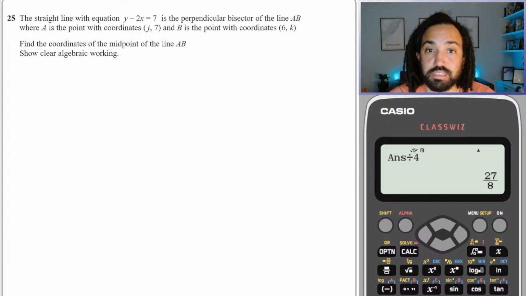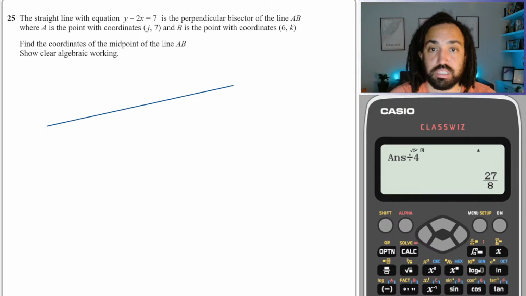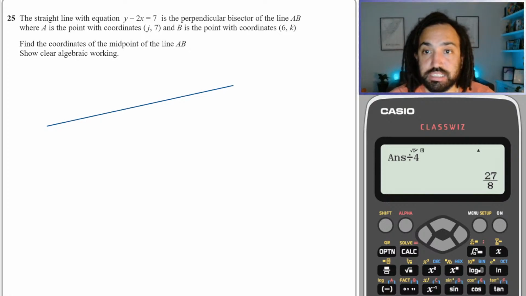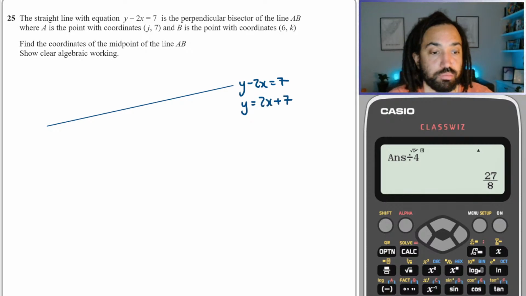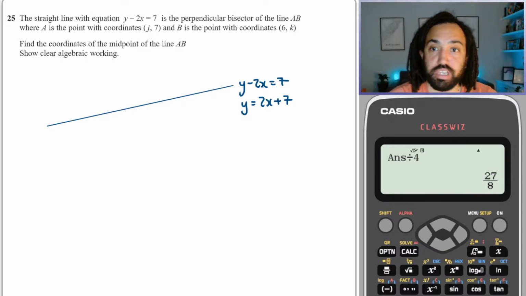Okay. So let's have a look now at this. We've got a straight line, and we're told that it is y minus 2x equals 7, which I'll just write this way round, y equals 2x plus 7, because that's how we normally see it. Okay, and then we know that that line there is the perpendicular bisector of the line AB.